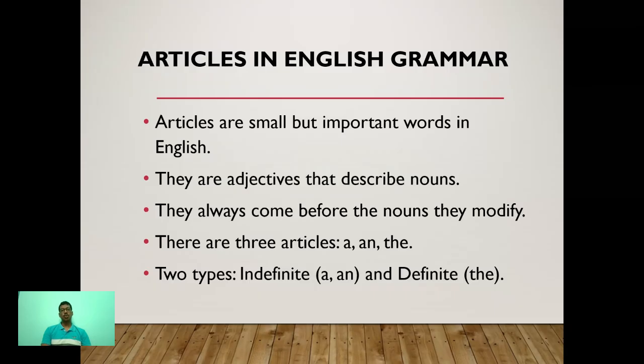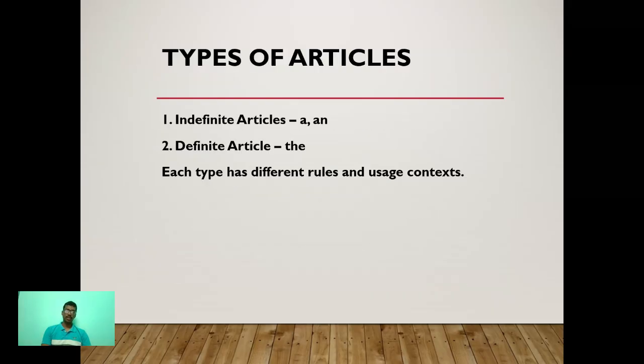In English, we have three articles: a, an, and the. These three articles are divided into two types. One is the indefinite article, the second is the definite article. We have two indefinite articles, a and an. The definite article is the.